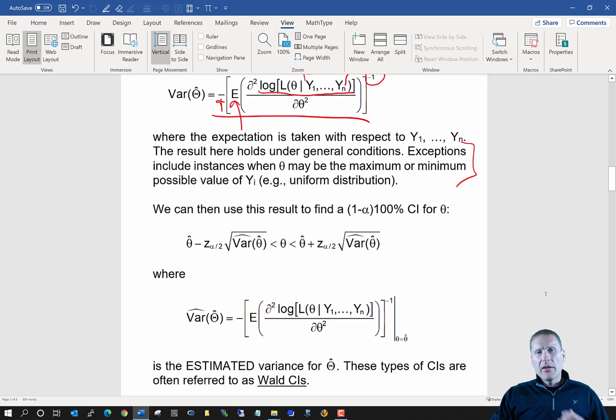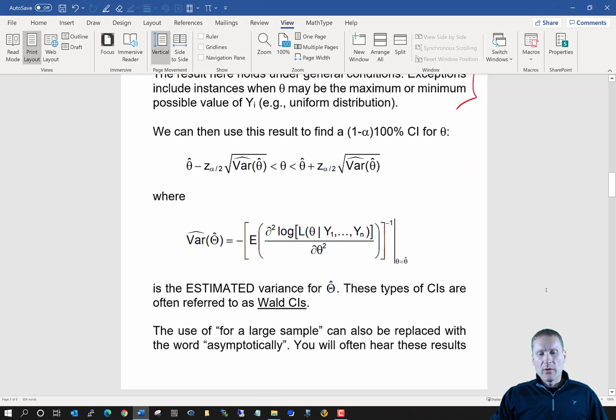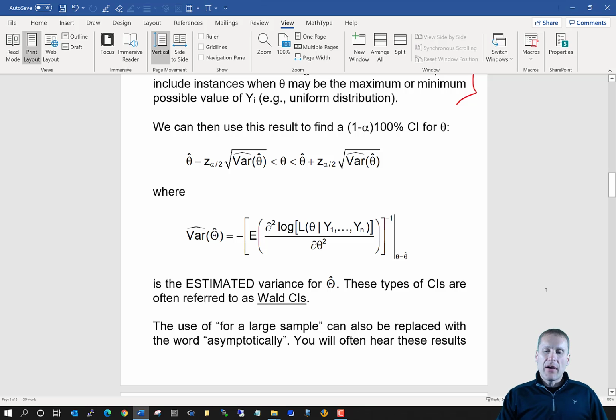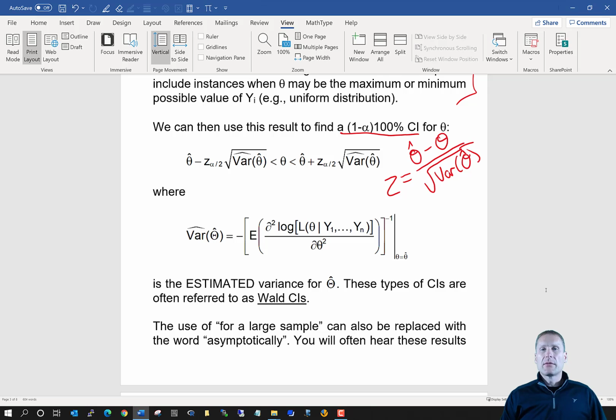Now that I have this normal distribution result, I can find the 1 minus alpha times 100% confidence interval for theta. So how do I do that? I set up, again, an approximate pivotal statistic, like this. We've done this before.